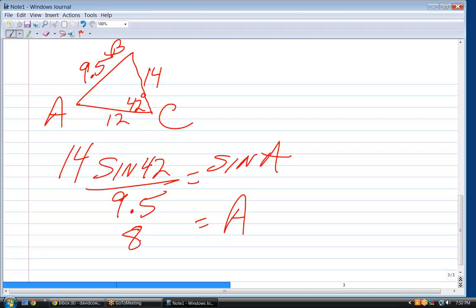The inverse of that, 80-something degrees, yeah, 80.43. And the last angle? Is 57.56. Okay.